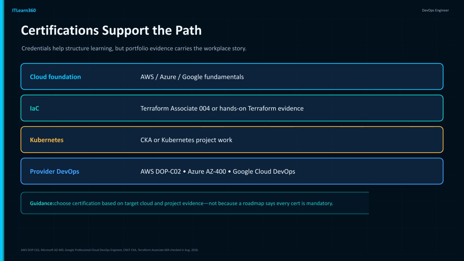Kubernetes candidates may choose CKA or demonstrate a strong Kubernetes project. Provider-specific DevOps credentials, such as AWS DOP-C02, Microsoft AZ-400, or Google Cloud DevOps, can make sense when they align with the platform you are targeting. The slide's guidance is the important part. Do not collect every certification because a roadmap lists it. Choose credentials based on the role, target cloud, and evidence you are building.